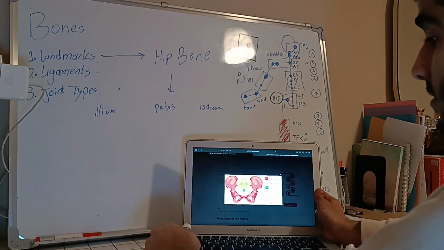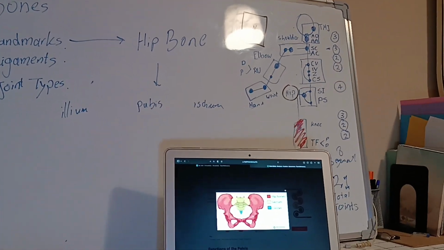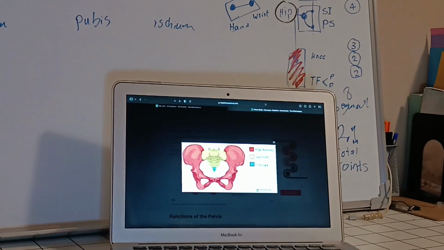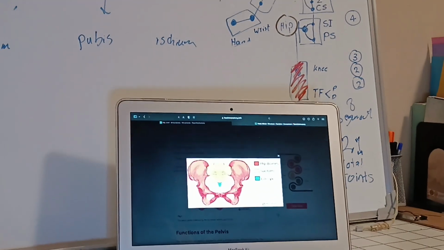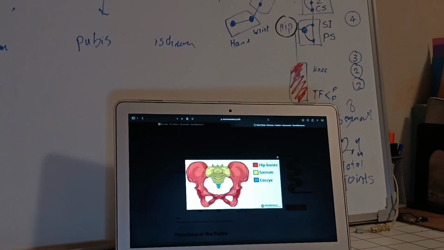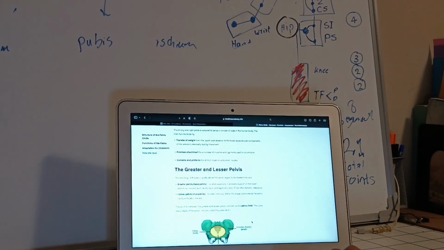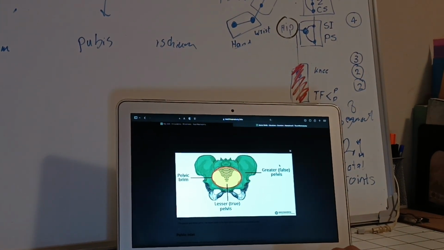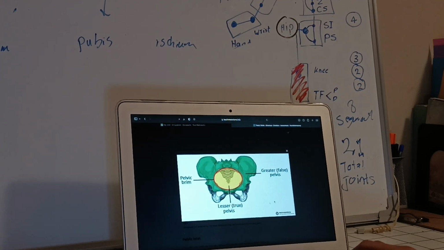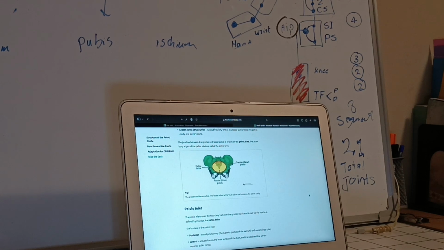As you can see here, there is the hip joint, the sacrum, and the coccyx. You can also have the greater false pelvis and the pelvic brim and the lesser pelvis. Lesser pelvis is the true pelvis, greater pelvis is the false.